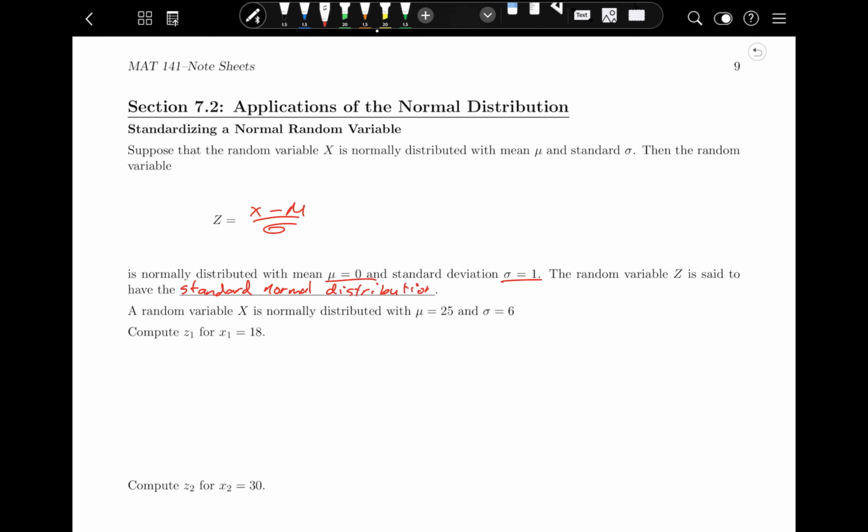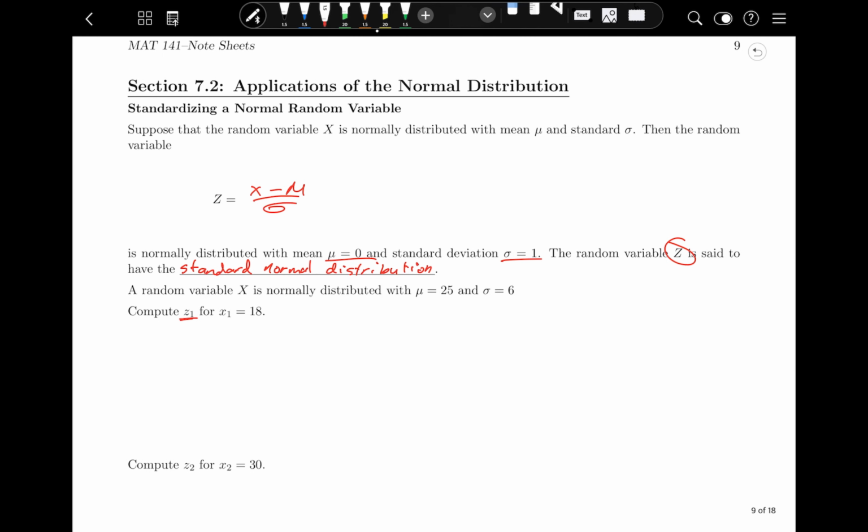So when we use Z instead of X, either lowercase or capital Z, we're referring to the standard normal distribution, where mu is 0 and sigma is 1. When we use X, we're referring to any normally distributed random variable.